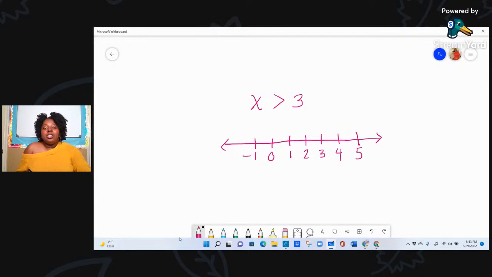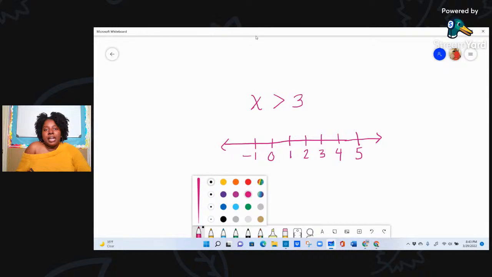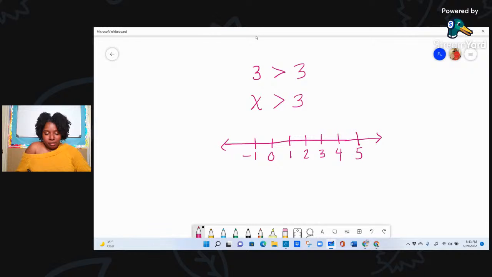All right. So can x equal 3 though? If x is greater than 3, is 3 greater than 3? No. It has to be equal to. And this does not say x is equal to 3. X is greater than 3. So 3 is not included. We don't include 3 because x has to be greater.